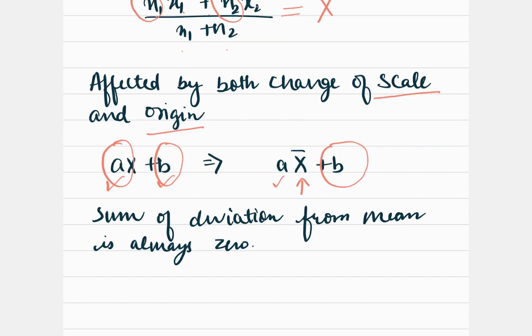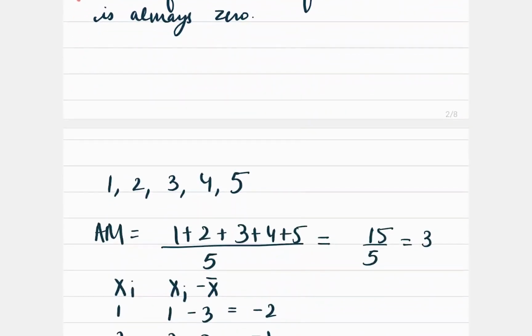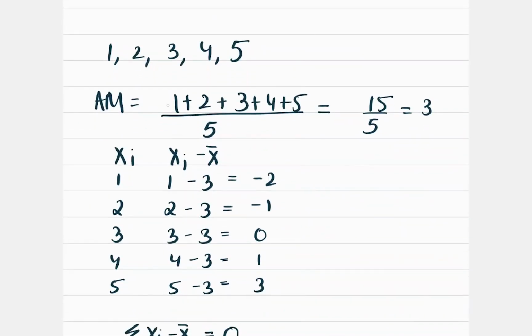Now let's come to another important property that arithmetic mean possesses, which is that the sum of deviations from the mean is always 0. Let's also understand this with the help of an example. Let's take this as our data: 1, 2, 3, 4 and 5.